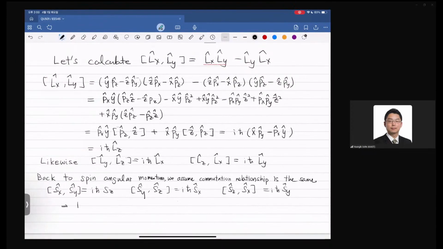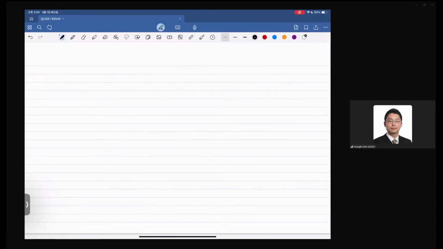So it turns out that it works. Verified by experiment. So the commutation relationship works.